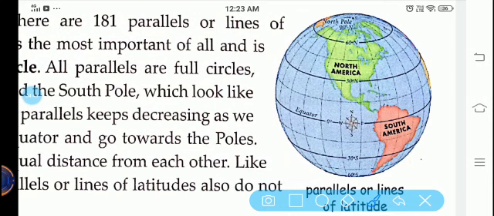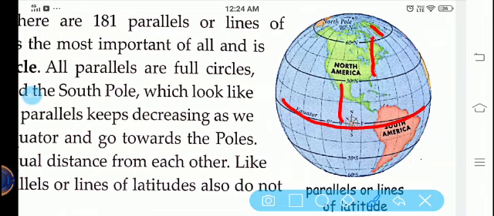As you can see here, this is the equator. From 0 degree to 30 degree, there are 30 parallels. Then again, 30 degree to 60 degree there are 30 parallels, and from 60 degree to 90 degree there are 30 parallels.